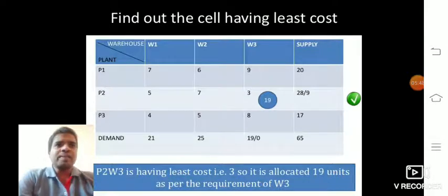Now in the supply, 28 minus 19 is 9, so it is left with 9 in the supply column. Now the demand is fulfilled, so we can delete the W3 column. Now the same procedure we need to continue.